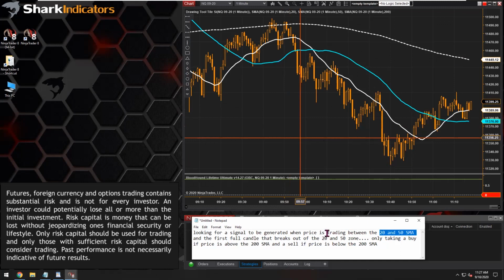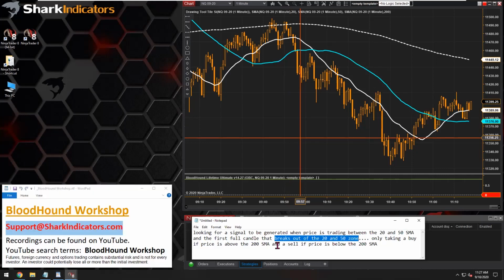We need to identify when price is trading between the 20 and 50 SMA, and then when a bar breaks out of the 20 and 50 SMA zone, or whenever price crosses out of the 20 or 50 SMA, we want to generate a signal depending on whether price is above or below the 200 SMA.